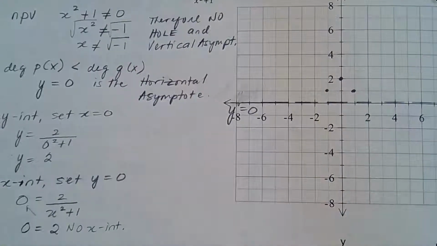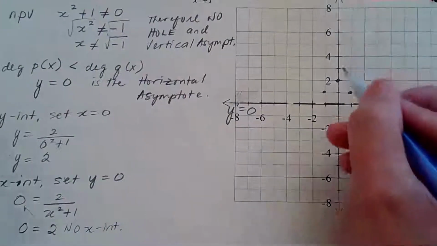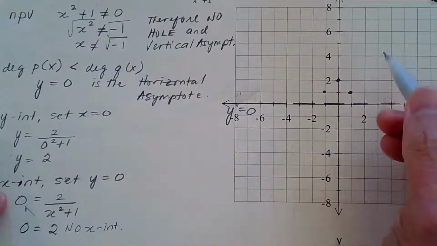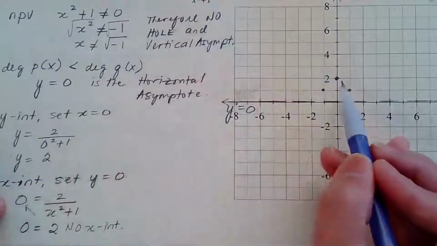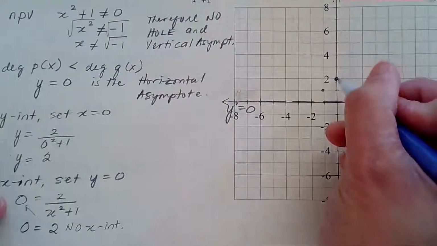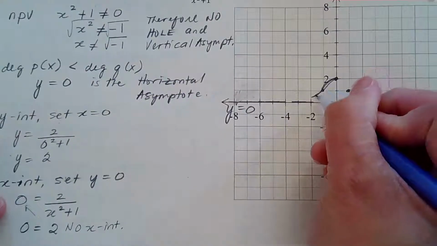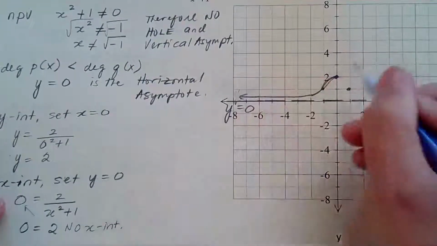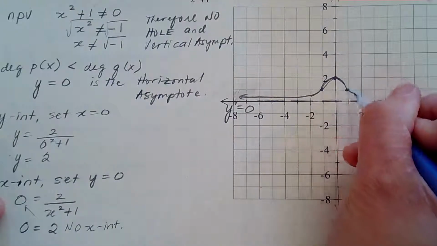Well, can you predict how this is going to go? As x gets bigger, what do you think the value does? It gets closer and closer to 0. So it's going to go like this. Like that.